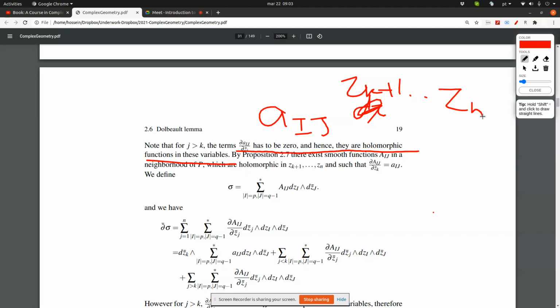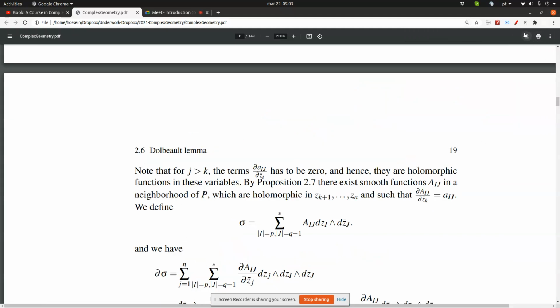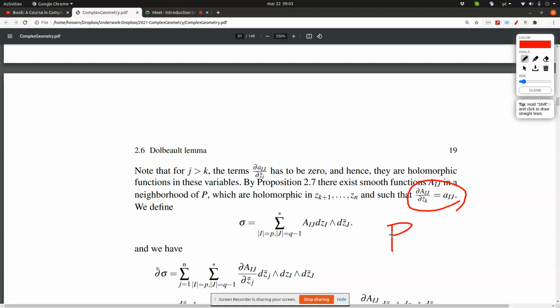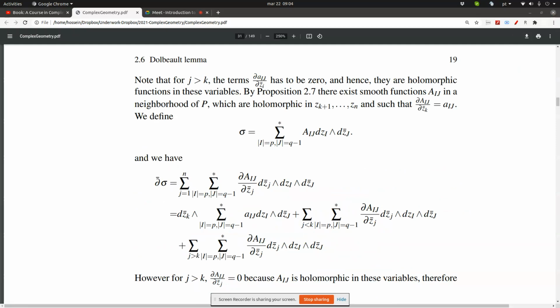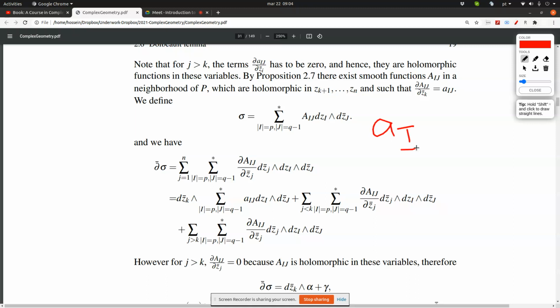And by the previous proposition that we introduced, we have to consider these functions in a neighborhood of this smaller polydisc P. We define the same thing as alpha, so this is the expression of alpha with the coefficients replaced by the capital ones. Since the original coefficients are holomorphic in z_{k+1} until z_n, the previous proposition says that the capital ones will also be.